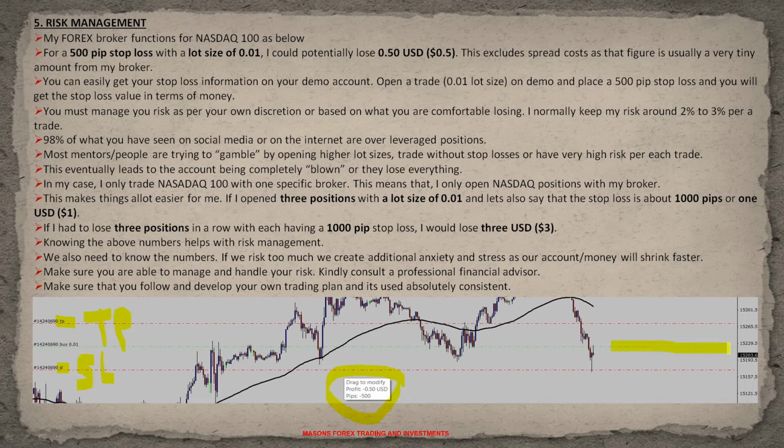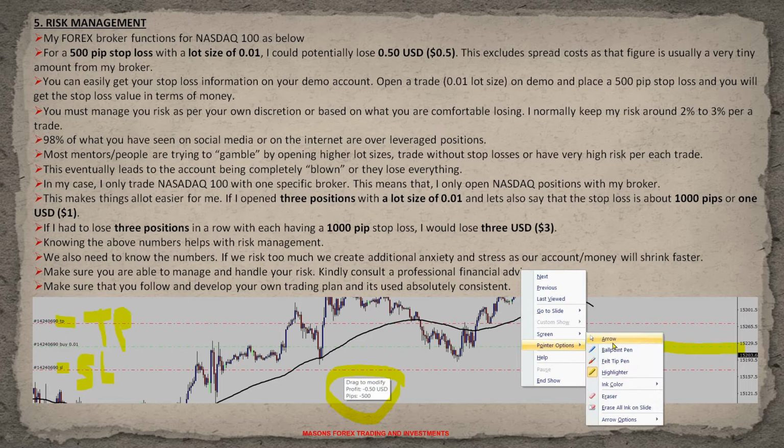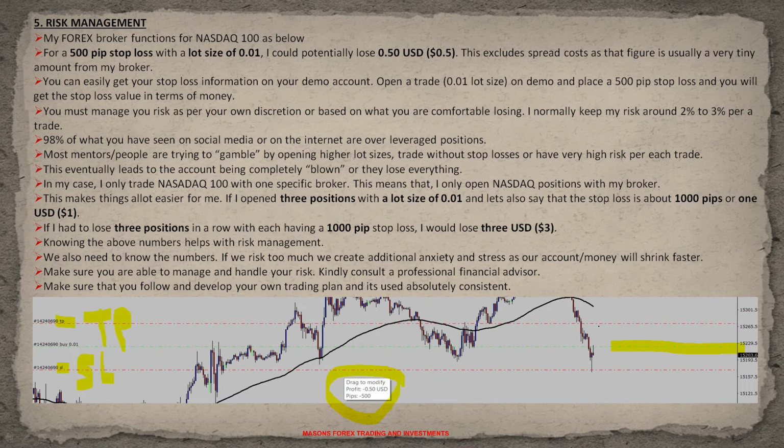You can see I entered on this green line and the distance here to this distance, we could say I could potentially earn $1 USD, and I could lose $1 for a 1,000 pip stop loss.